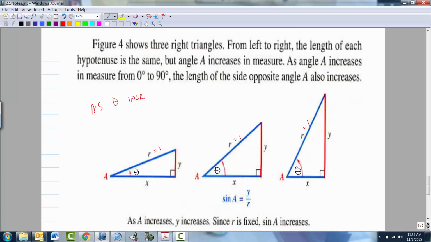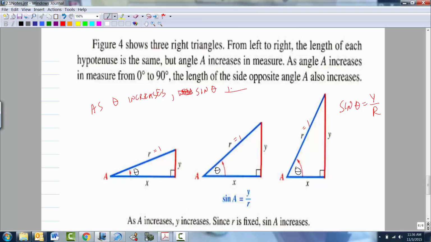So as theta increases, now we're going to get crazy. What is sine of theta? Sine of theta is y over r. So if r is fixed at 1, but as theta increases, what does y do? Increases. So what does sine of theta do?